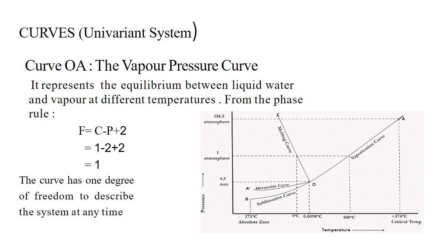So actually the phase diagram is a graph drawn between pressure and temperature. From the phase rule, the number of degrees of freedom is 1. So we can say the curve has 1 degree of freedom to describe the system at any point.